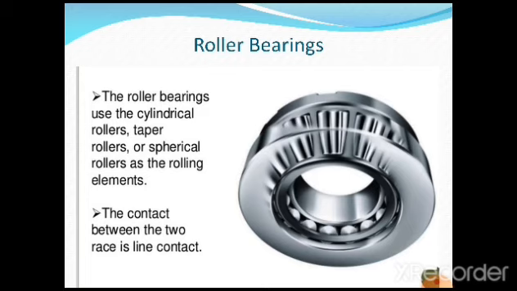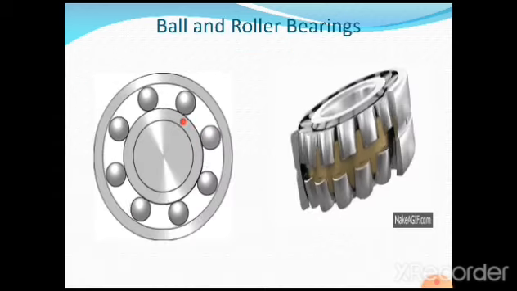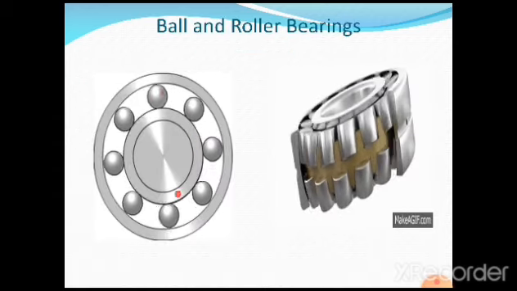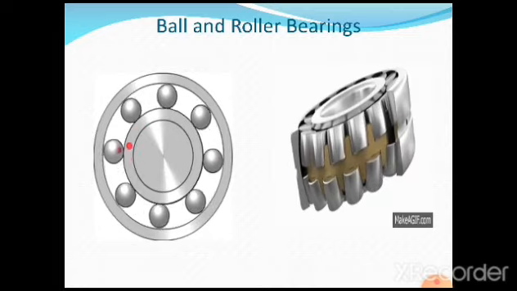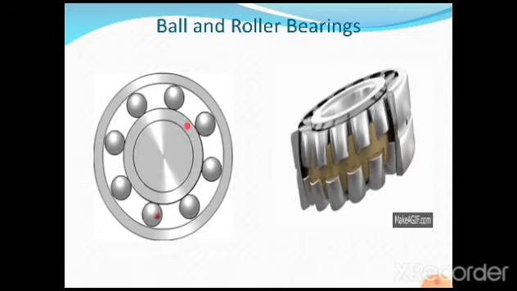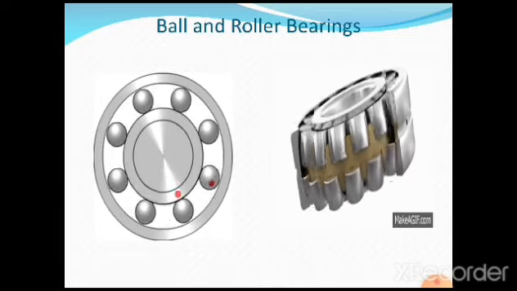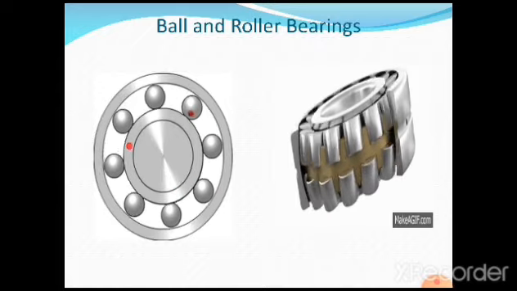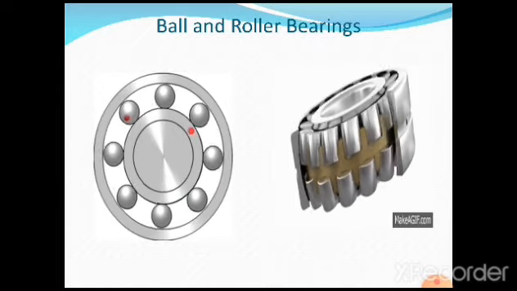Unlike ball bearings, where only a point contact is there, and whatever the load of the spindles is, it comes directly on the balls or the rollers. So observe how the accuracy of rotation is maintained in case of the ball and roller bearings very clearly there.